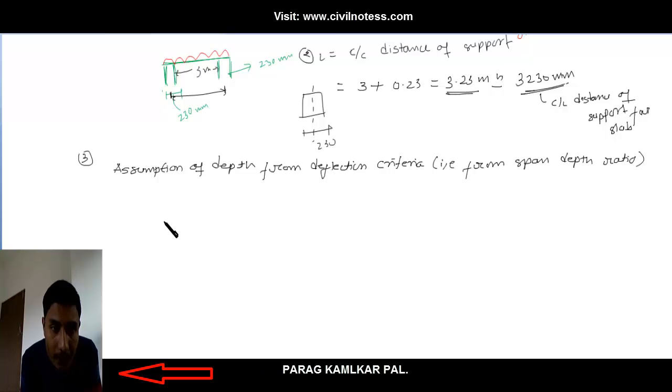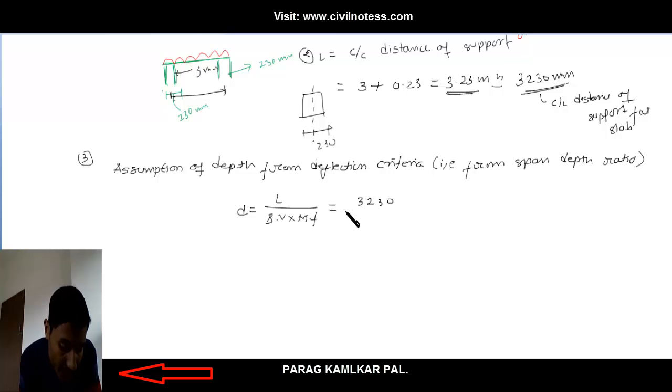It is in such a manner: d equals L upon the basic value multiplied by the modification factor MF. So L we got is 3230. The basic value is 20 for a one way slab, multiplied by the modification value, which we take as 1.5. The value 20 is for a one way slab, and the modification value is for the assumption.